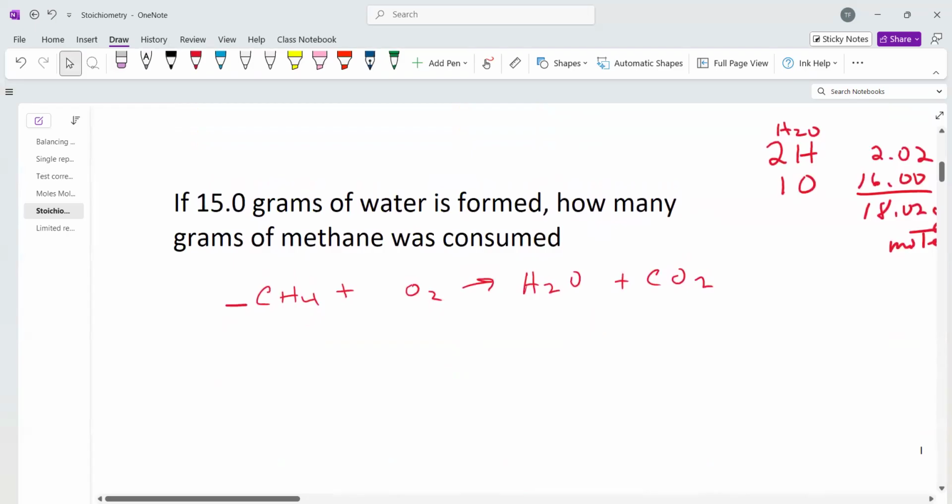"15 grams of water is formed. How many grams of methane are consumed?" In this problem, we're burning methane. So methane is the fuel. Oxygen is the oxidizer. And these are the products.